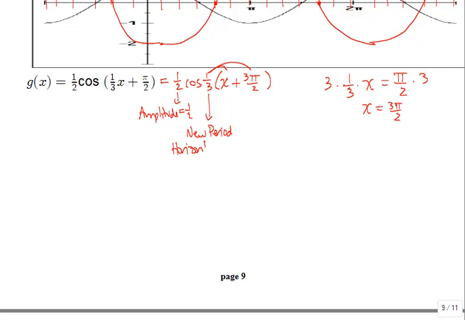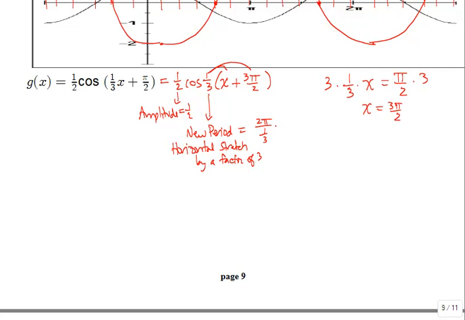So remember, these are normally horizontal stretches or compressions, and if your b is a fraction, then this is actually going to be a horizontal stretch by a factor of 3. So instead of having a normal period of 2 pi, we're going to stretch that out by a factor of 3. The formula still works because it's going to take 2 pi and it's always going to divide by whatever this b is.